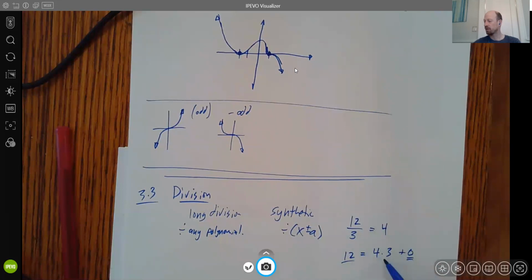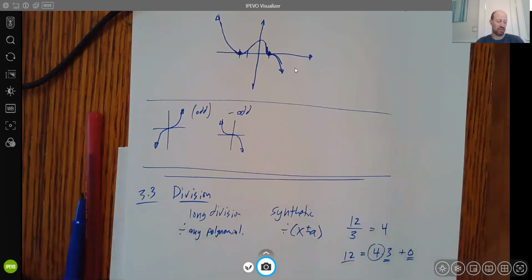One way of thinking about division is we're looking for this number so that when I multiply it together, I get back what I started, or as close to what I started as possible. You want to make sure you're able to do that division, because we need that in order to rewrite and break apart polynomials to help us factor them, and that becomes pretty important when we're in 3.4.